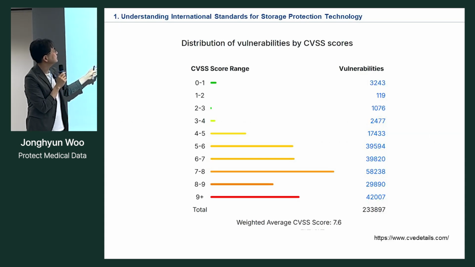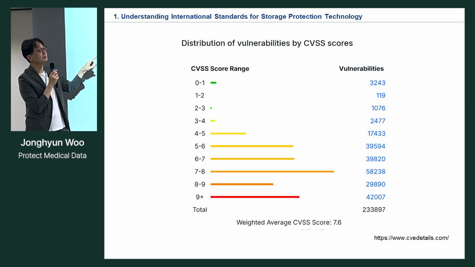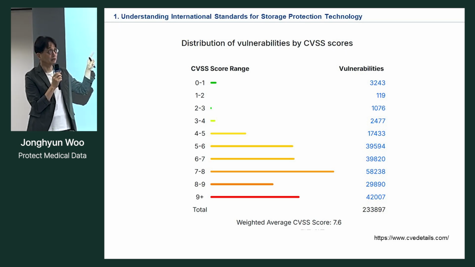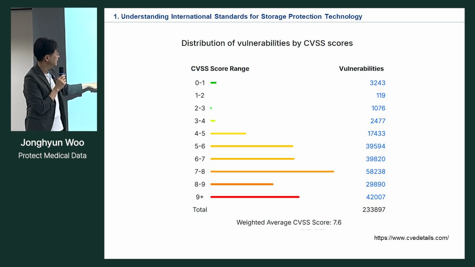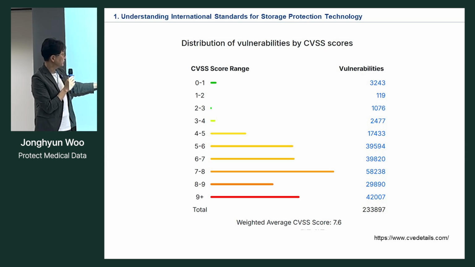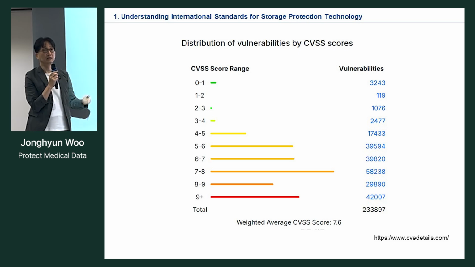So the CVSS is the severity score. If the severity is above 7, the attackers can read the data in your server or PC. If 8, they can delete, or they can do something worse. If the severity is above 9, it's exactly like they become the admin.